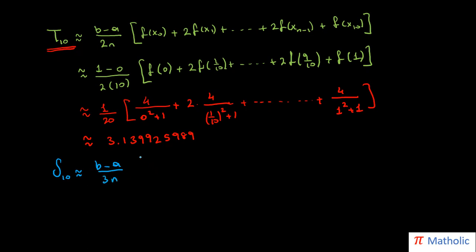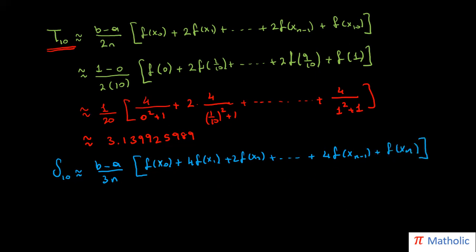Yes. 3n times f of x0 plus 4 f of x1 plus 2 f of x2 plus 4, it keeps going like this. Then 4 f of xn minus 1 plus f of xn.